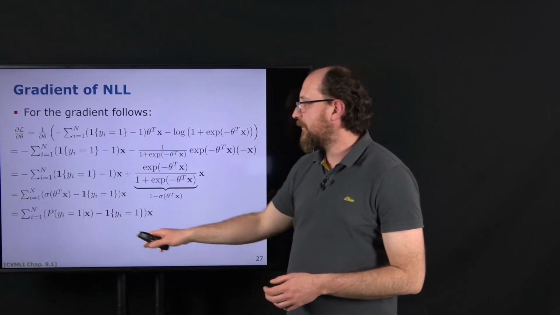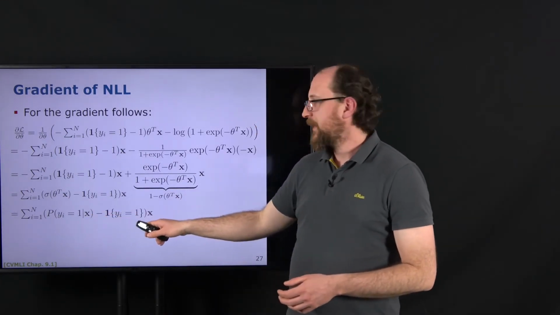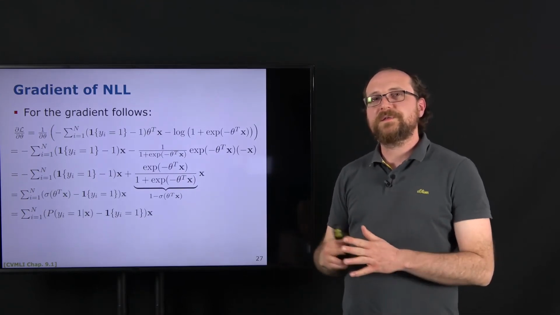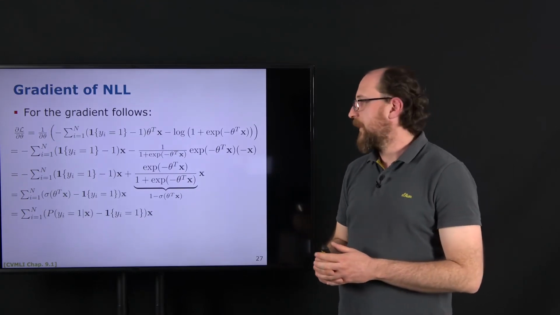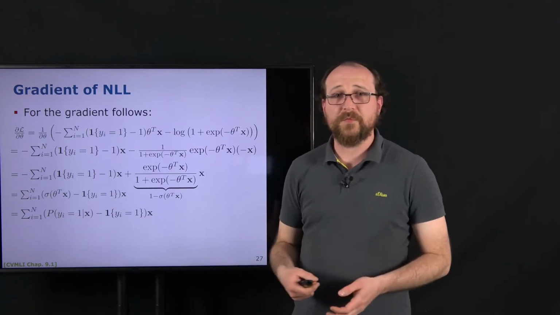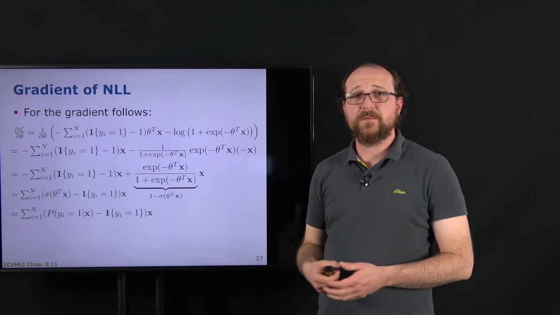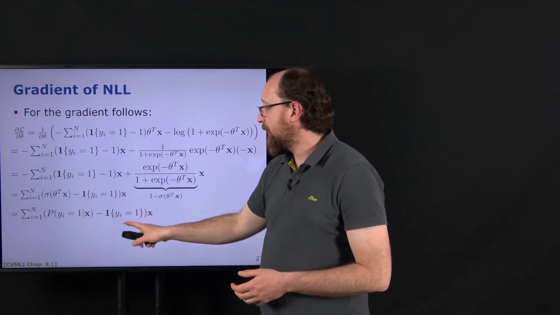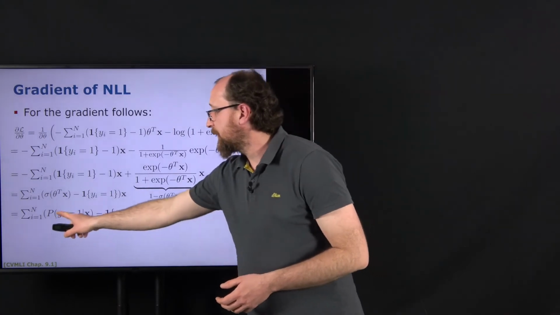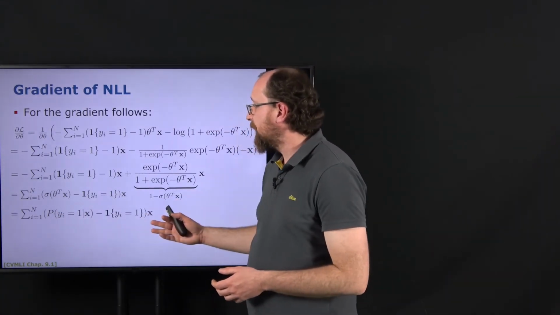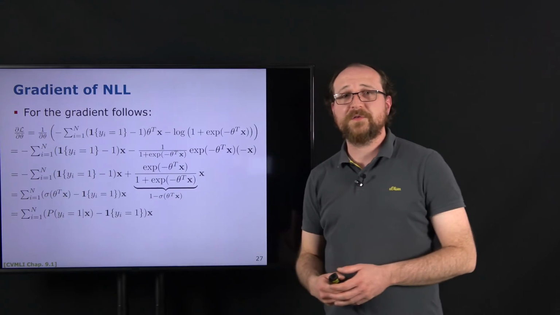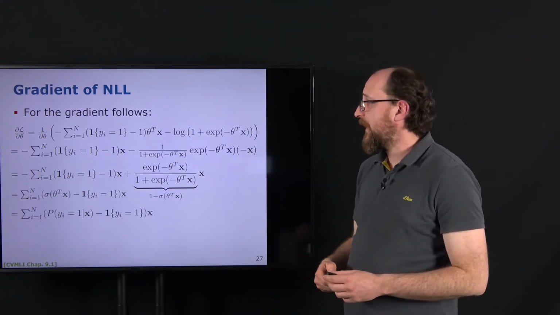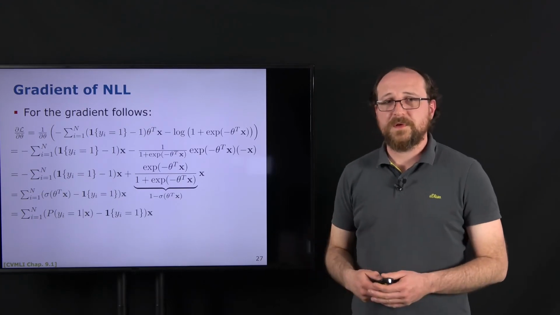But if p of y is not 1 in this case, then we move along the gradient in the direction such that the distance is increased. And the same happens, of course, for y equals 0. When the class is 0, we move the theta value in the direction such that we decrease the distance. And this is the intuitive thing.